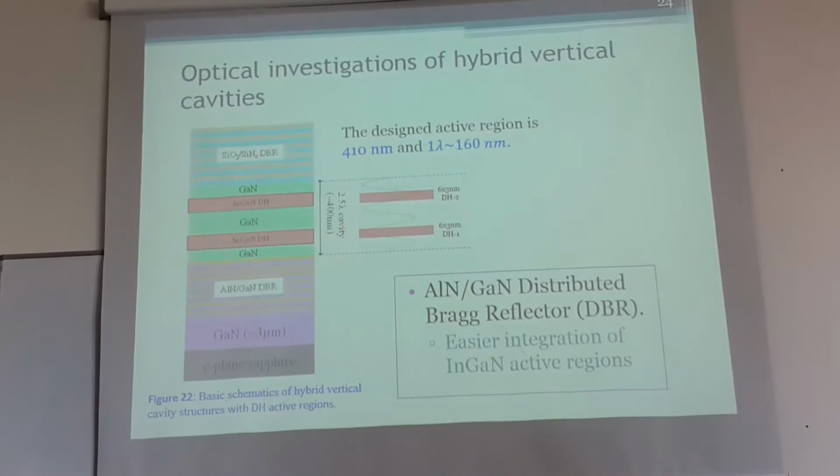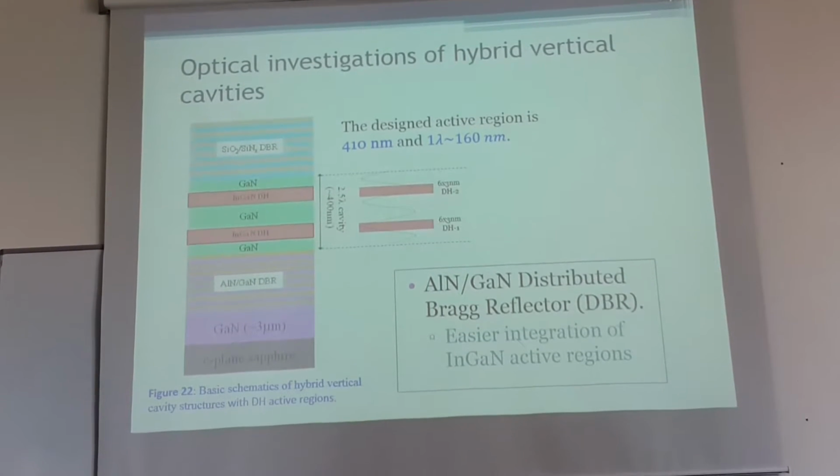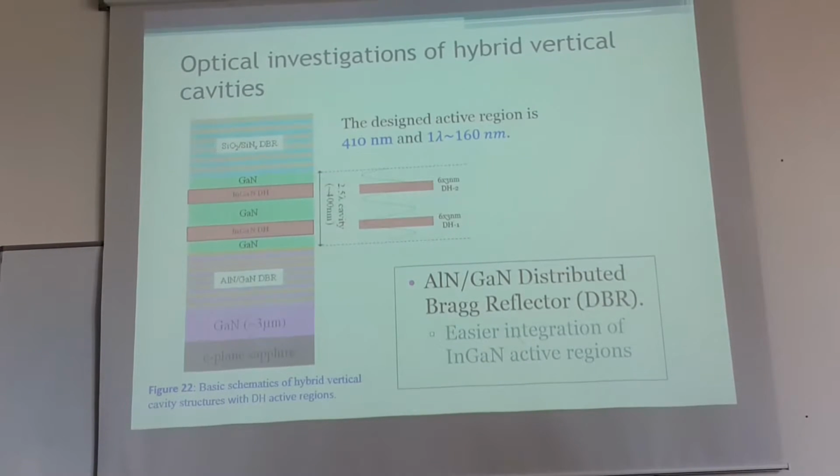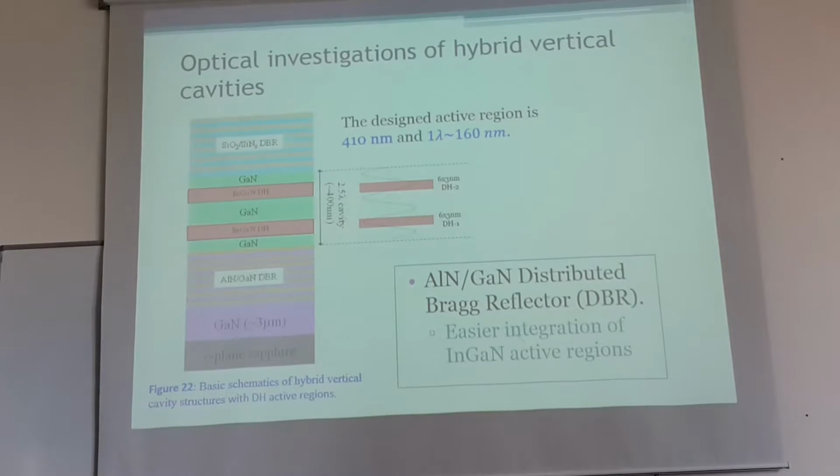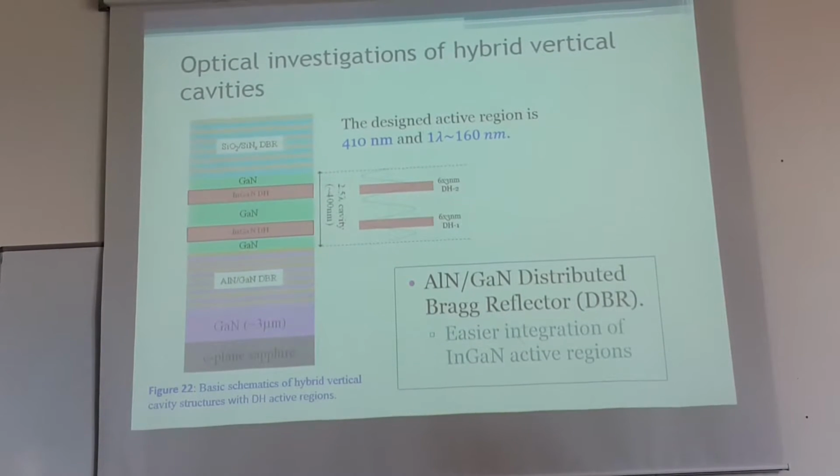For an InGaN active region, an aluminum nitride, gallium nitride distributed Bragg reflector is a natural choice because we can naturally grow active regions on these distributed Bragg reflectors.